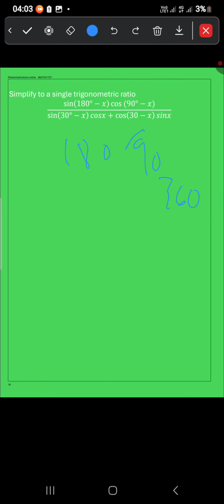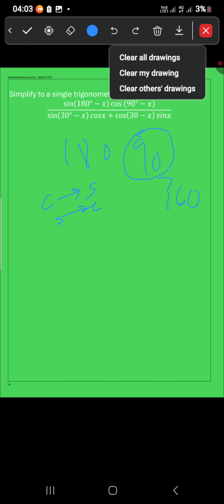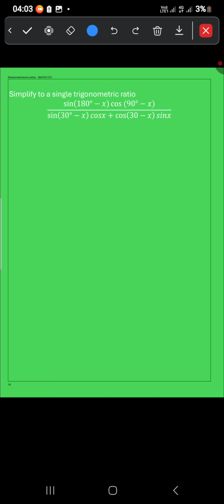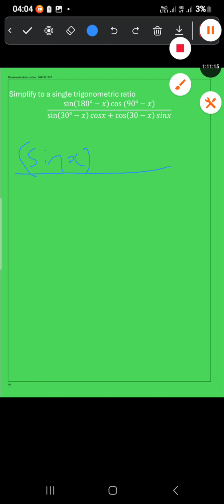However, when you drop 90, you know that cos is going to change into sine, and sine changes into cos. I want 90, change the name. So this is going to be sine of x. Then you determine whether the sign is positive or negative.